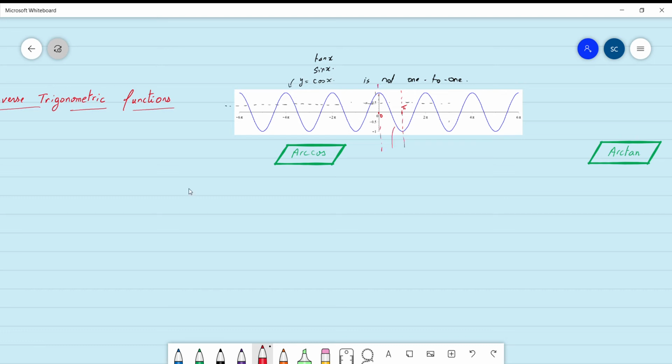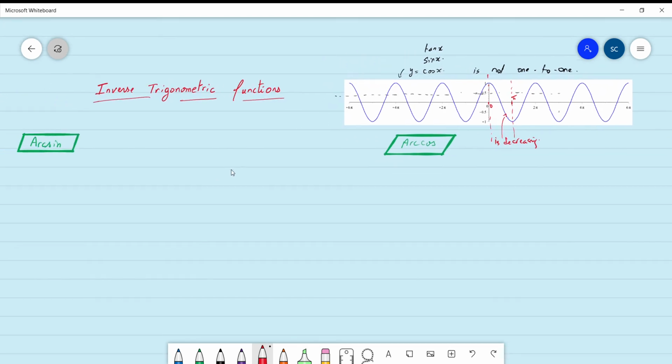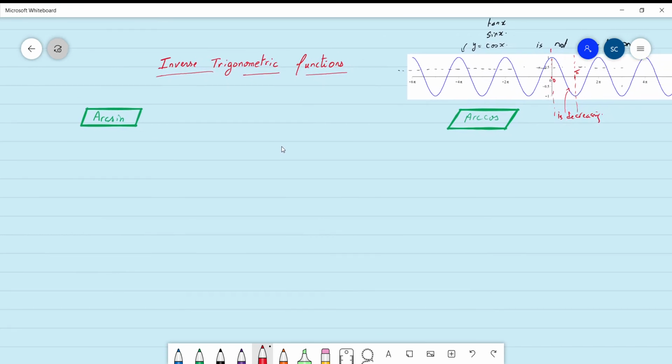Here cosine is monotone, decreasing, so it will be a one-to-one function. And for this restriction, we will define a new function, the inverse function, which we will call arc cosine. This is what we will specify in this section.